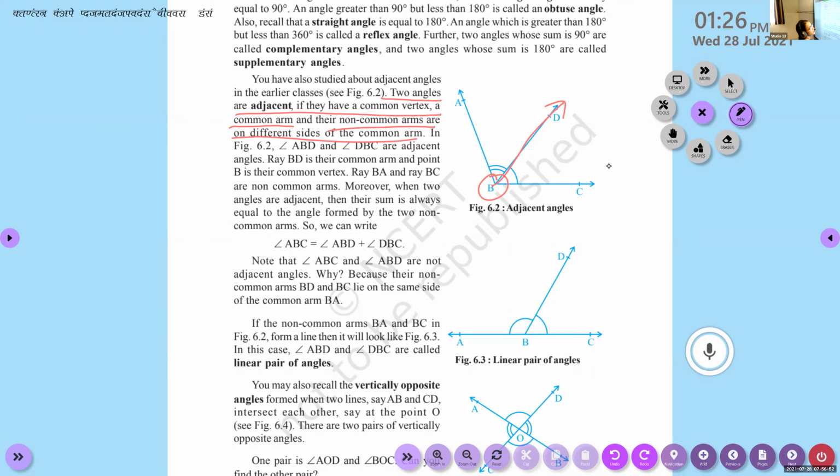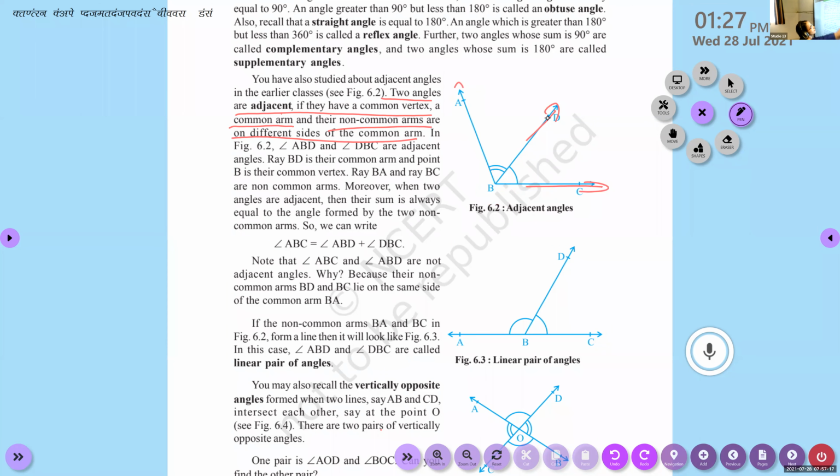Non-common arms BC and BA lie on the opposite sides of this common arm BD. Is it clear? Two angles are adjacent if they have a common vertex and a common arm, and their non-common arms lie on either side of the common arm.